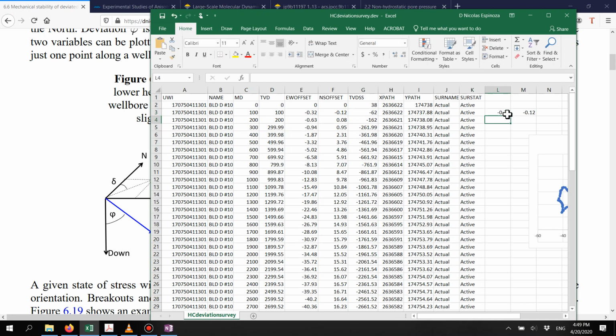So if I press enter, that 0.32 is the same as this 0.32.